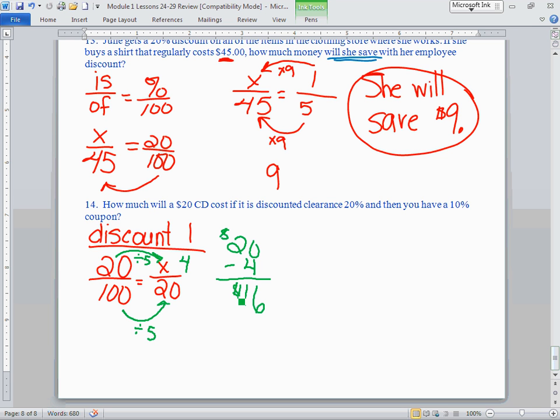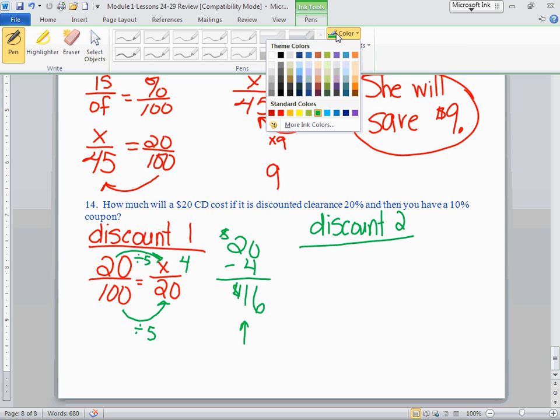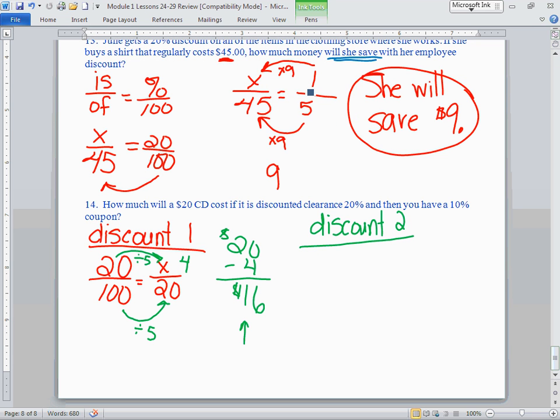But wait! You have your coupon! Yay, love my coupons. But they take the coupon off of your new price. So let's find discount 2. Discount 2 is going to be 10% off of your $16 CD, because that's your new price now.